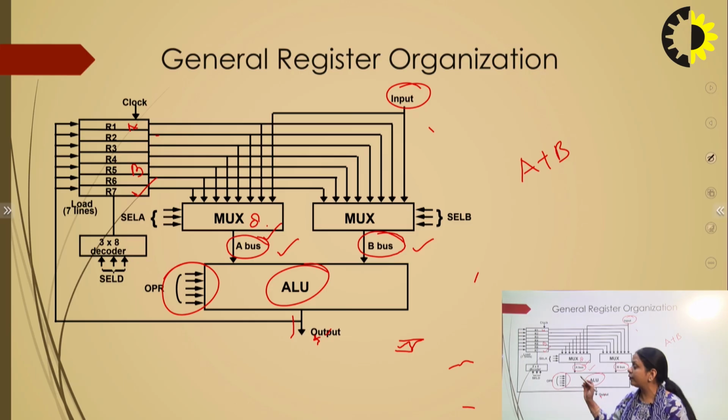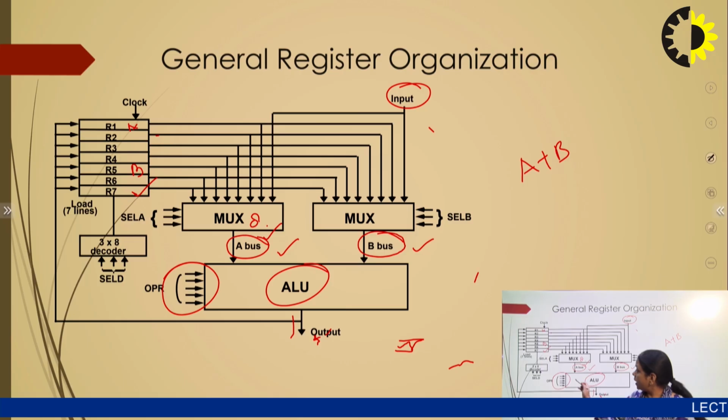So, we have to give some code or some value so that the ALU can perform addition here. This is the role of the control unit. The control unit will give the inputs to the ALU to perform the addition, by the help of the control word or control signals.